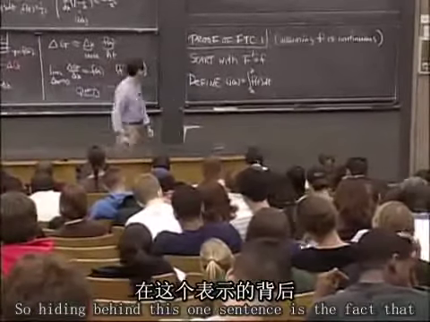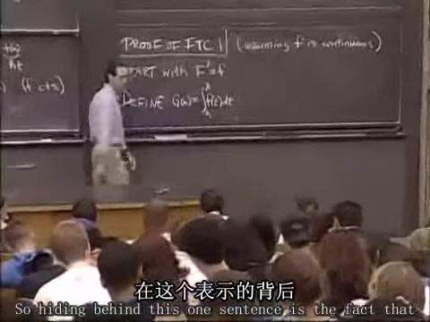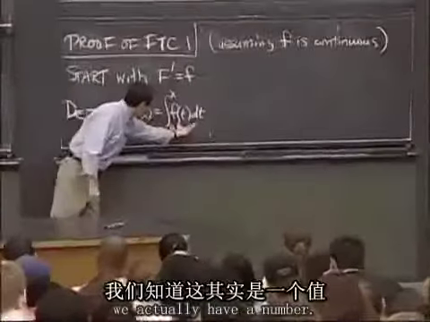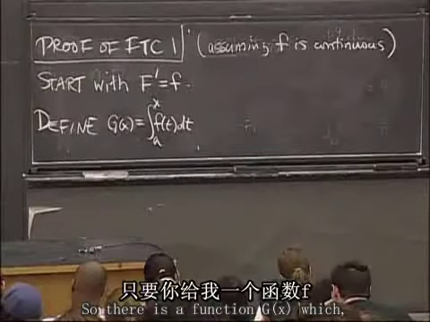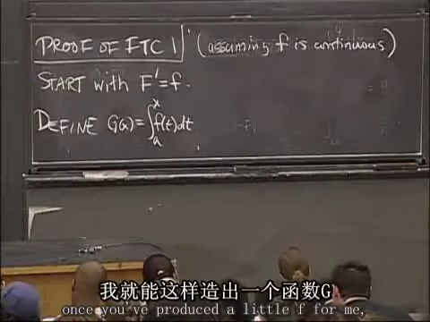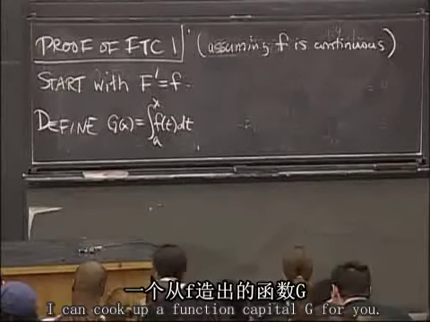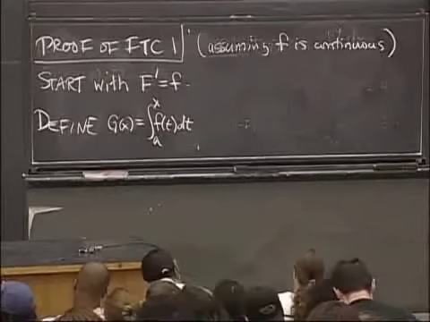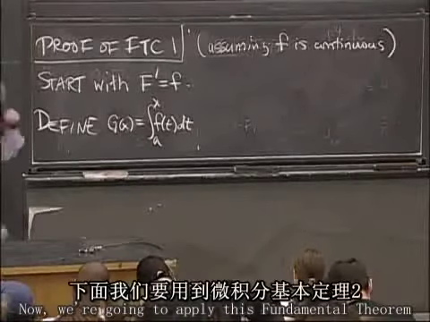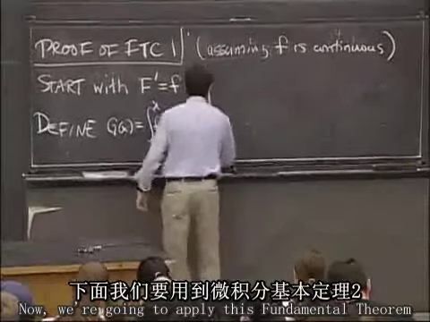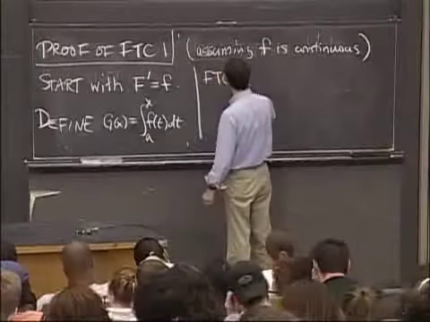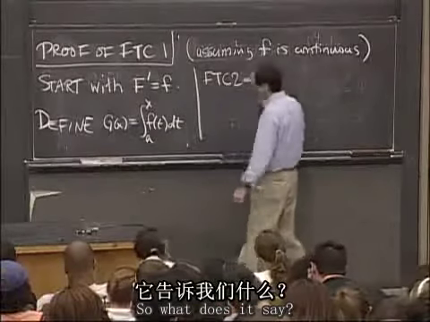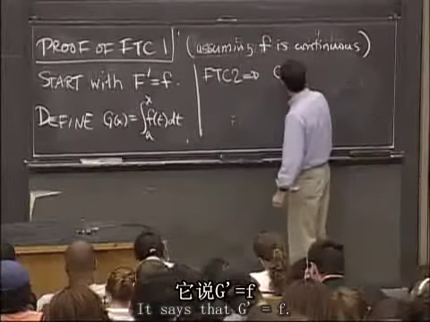All right, so hiding behind this one sentence is the fact that we actually have a formula for such functions. So there is a function g of x, which once you've produced a little f for me, I can cook up a function capital G for you. Now, we're going to apply this fundamental theorem of calculus 2, the one that we've already checked. So what does it say? It says that g prime is equal to f.